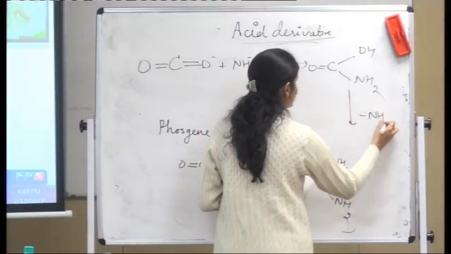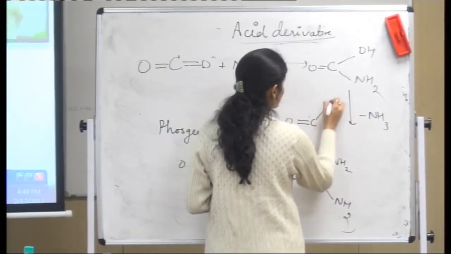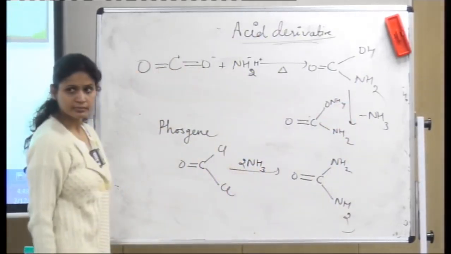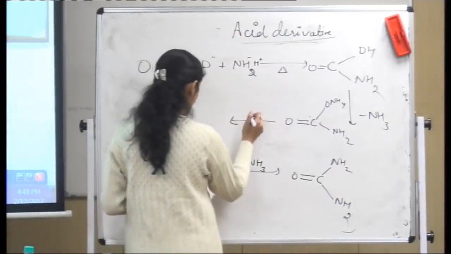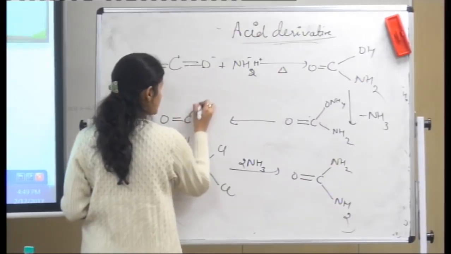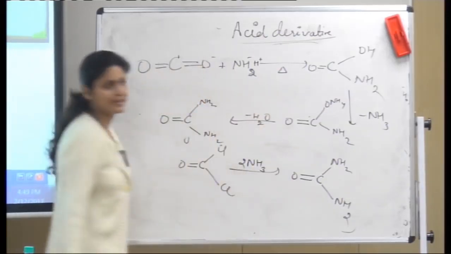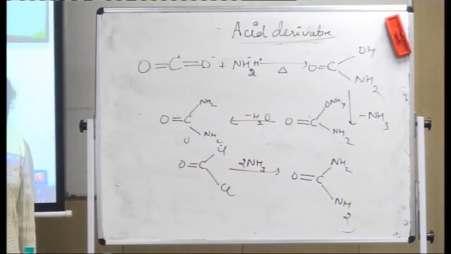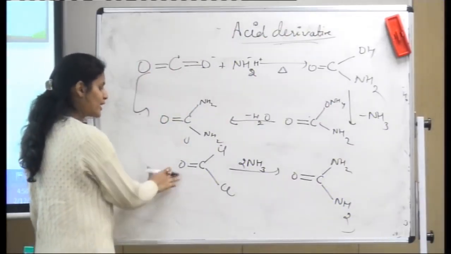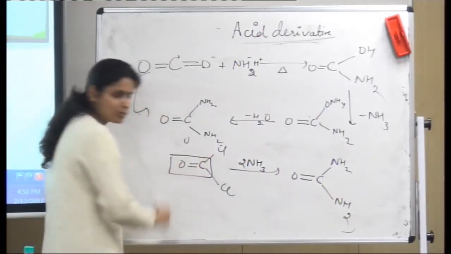If I take ammonia, CO, O NH4 and NH2, this can rearrange to form OC, NH2 and NH2, because one molecule of water has been eliminated, right? Starting from carbon dioxide I have prepared urea, or I can prepare urea using phosgene, provided that the compound should have a CO group.